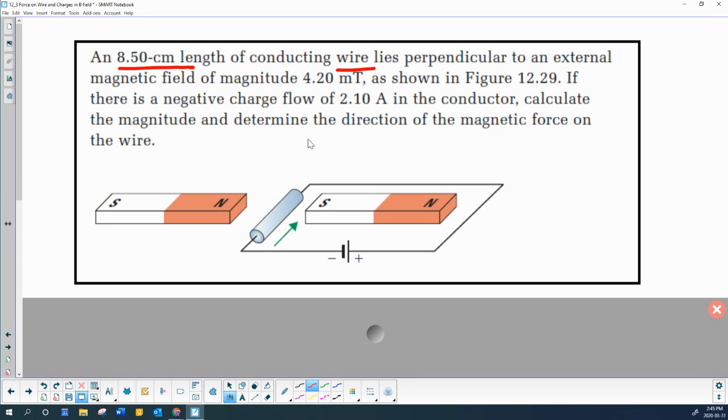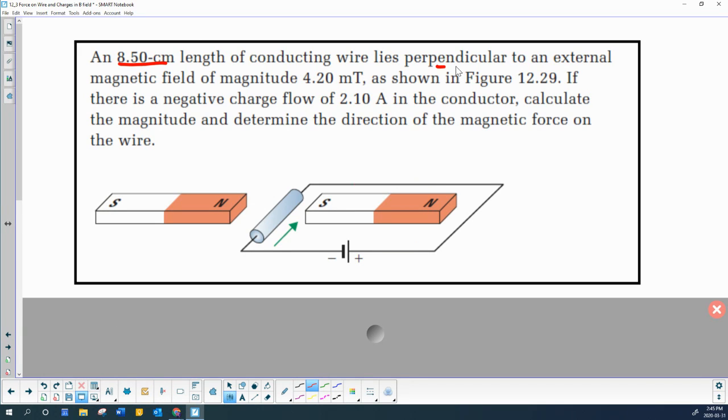I told you to be careful about the length, but they're really implying that this 8.5 is the distance that is actually in the magnetic field. So no real funny business going on here, although you could imagine if they gave us the whole length of the wire, you could talk about the length of the wire along here. Who cares about that, right? It's only the length of the wire that's in the magnetic field. So they're telling us that straight up.